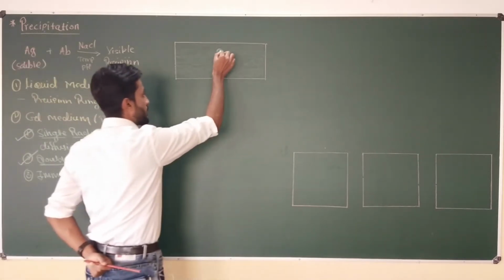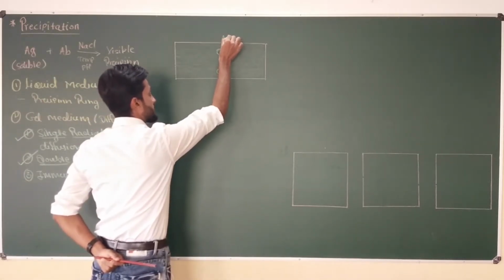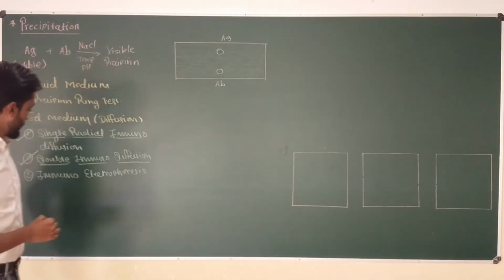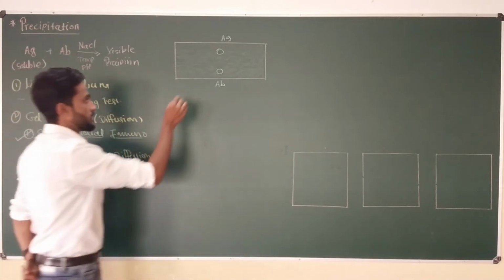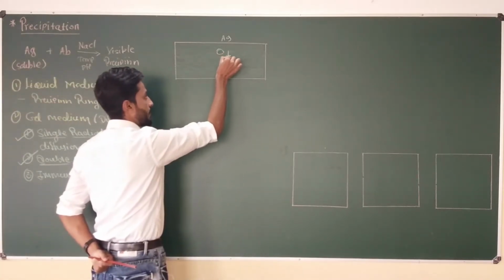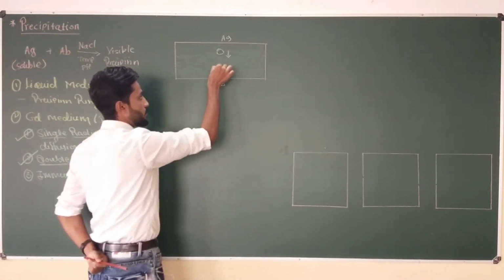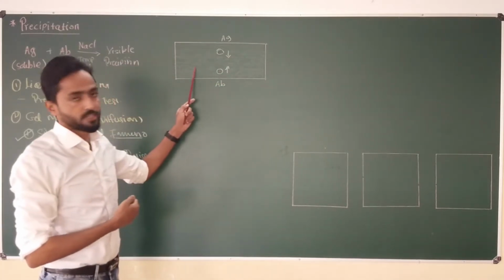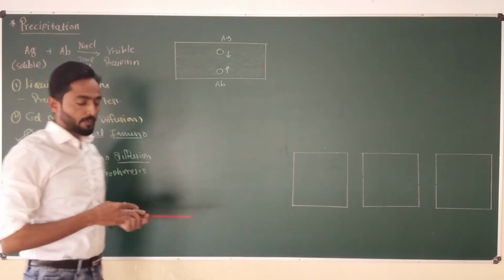In one well we add antigen and in the other well we add antibody. In double immunodiffusion, both antigen and antibody can diffuse towards one another. Both are free, both are mobile inside the gel, so it is called double immunodiffusion.